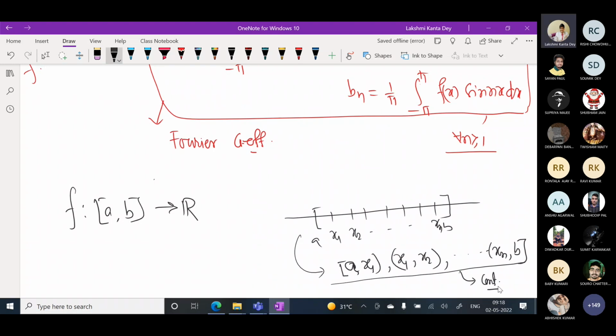Then we can say that the function is continuous on the rest. That means here the function becomes continuous. So those types of functions we call piecewise continuous. Piece means here it is continuous, here it is continuous, like that. So I think it is clear.